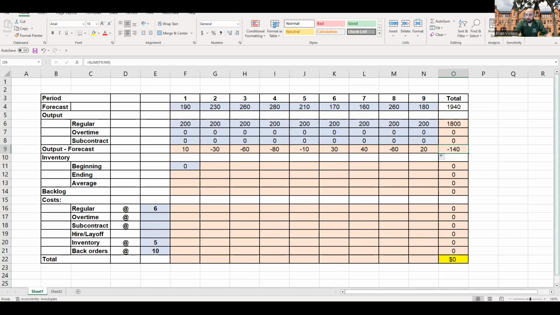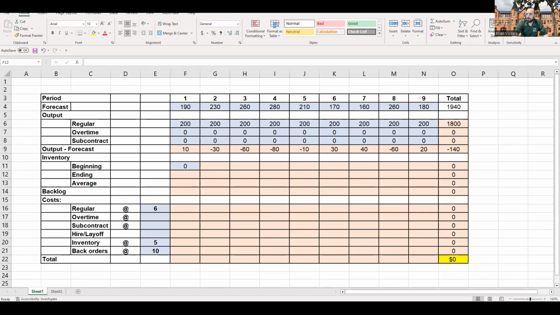Okay, ending inventory. So my ending inventory for my first period, because I definitely have no backlog going in, well, I guess we could just do it right away because the backlog spots in. Let's just start with a complicated formula right out of the gates.